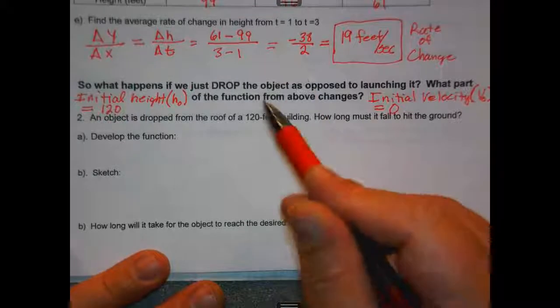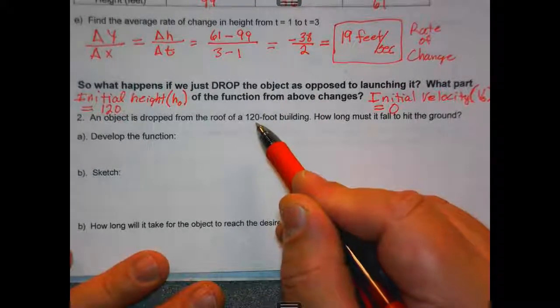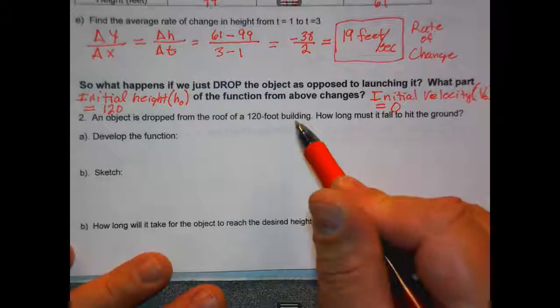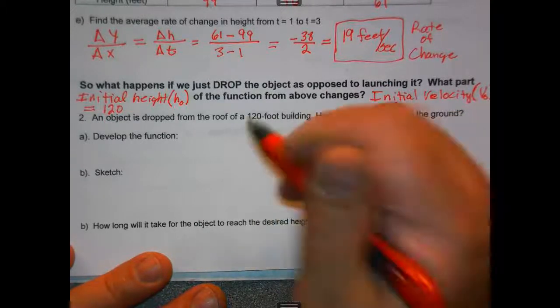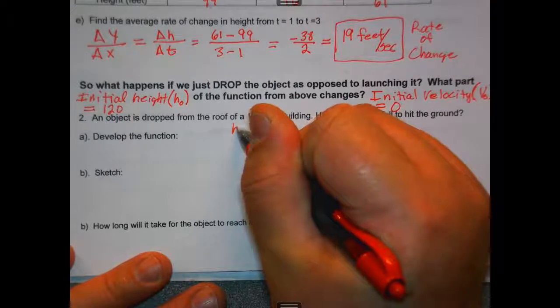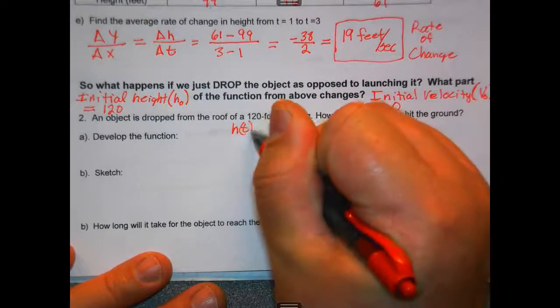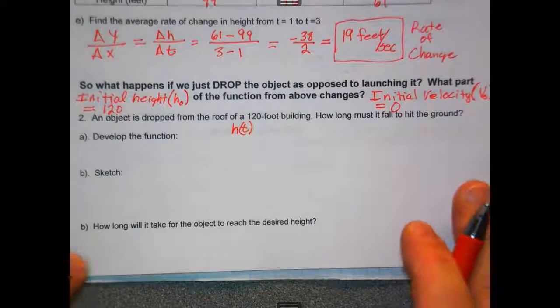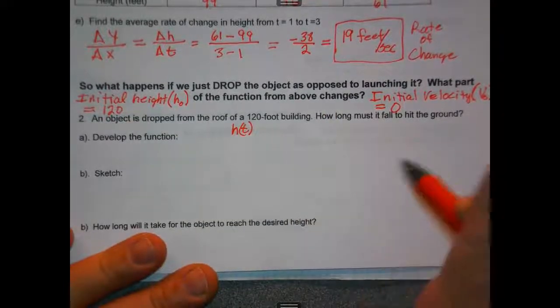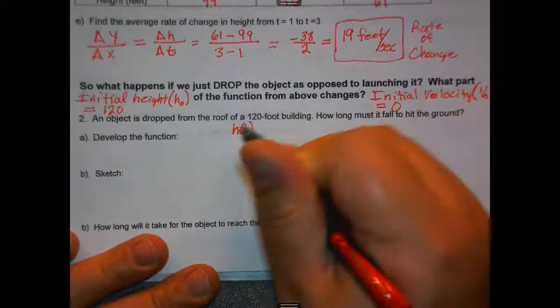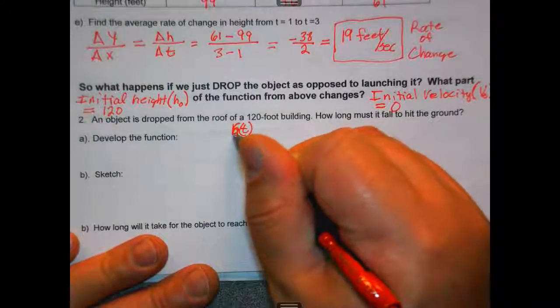All right, so first of all, are we in metric or standard? Standard. So we have the h of t or the s of t. I think s of t is times, seconds, I would imagine. They want us to find how long, so yeah, probably the s of t would work better.